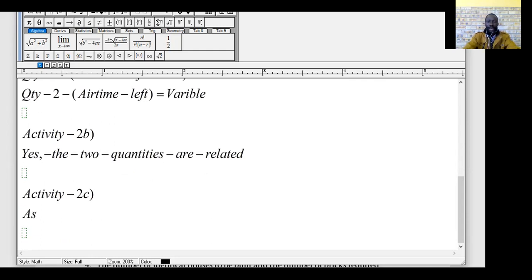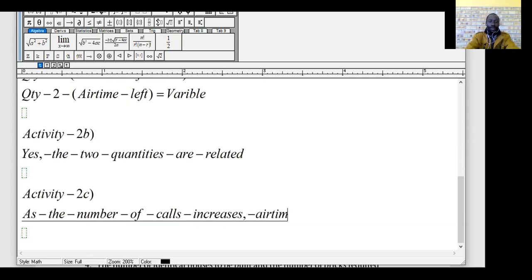So we say as the number of calls increases, airtime left decreases. That is how they are related.